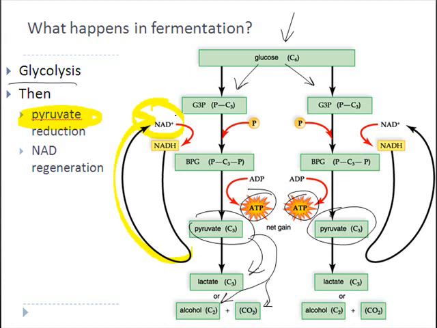Because we need to have fresh NAD plus available in order to create new molecules of pyruvate, and it's only by creating molecules of pyruvate that I at least get 2 ATP molecules. I've got to get some energy out of the glucose that I'm shuttling into the cell.